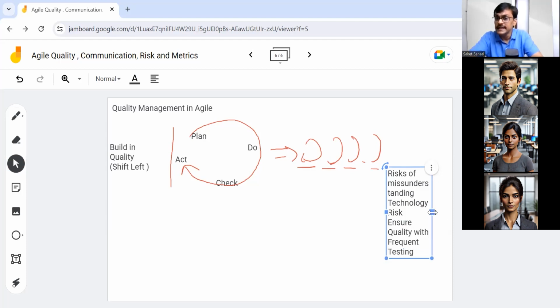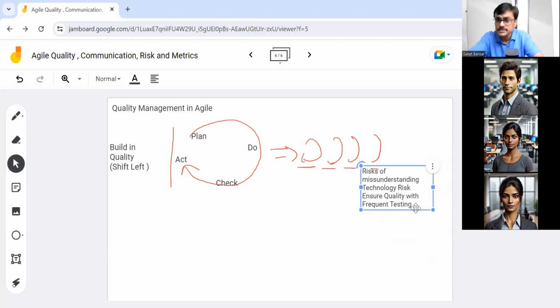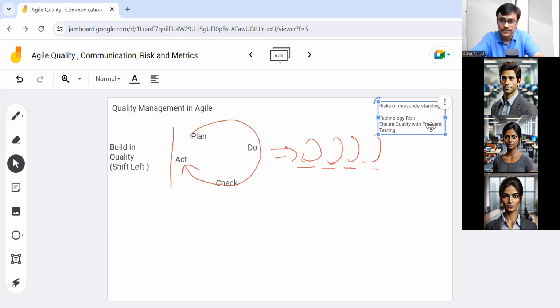You are not delaying things for the later side. So we want to work in small batch cycles, small loops, and that is taking care of the majority of our quality and risk management problems. So that's an agile way of looking at this particular thing.